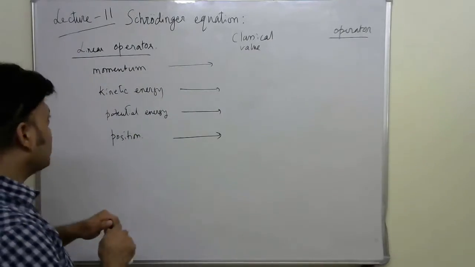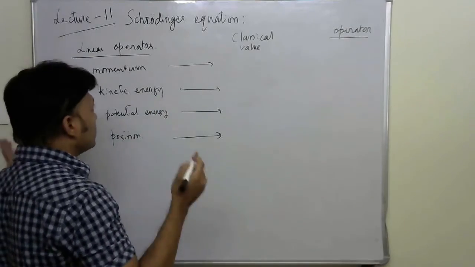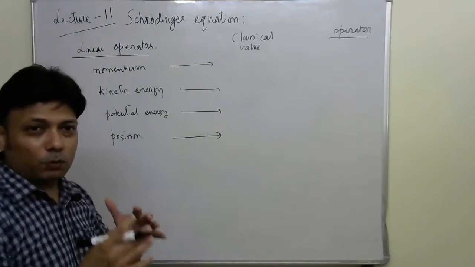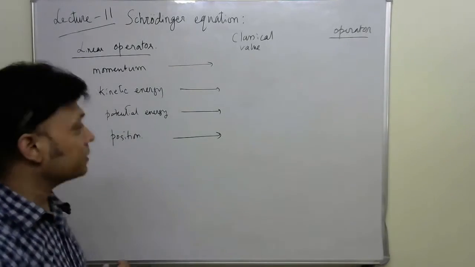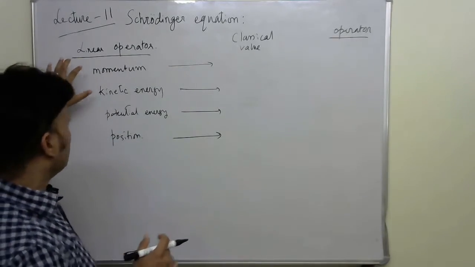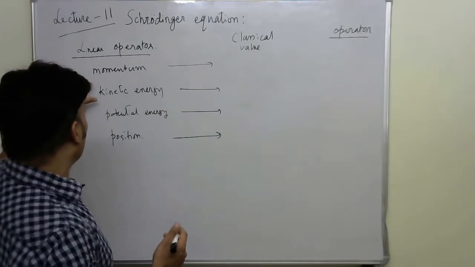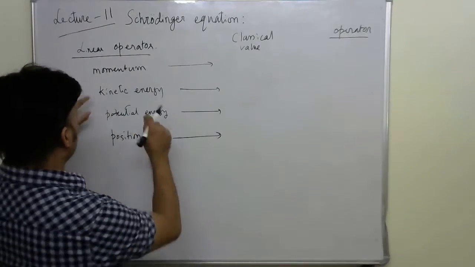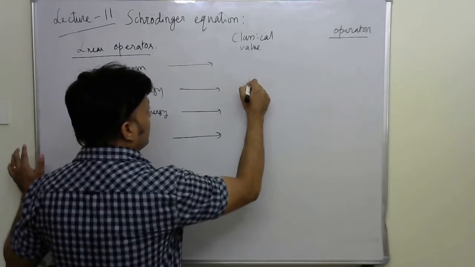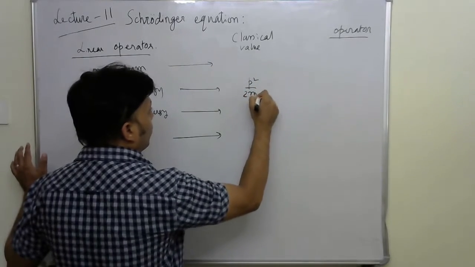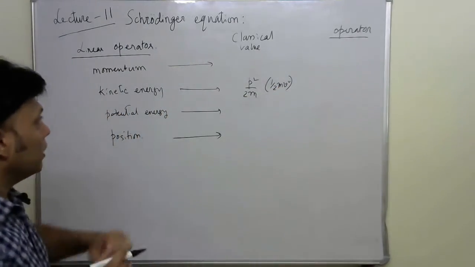As I have mentioned earlier, all the quantum mechanical entities that we deal with are represented by linear operators. So for example, let's start with kinetic energy. The classical value is p square divided by 2m, or in other words half mv square.